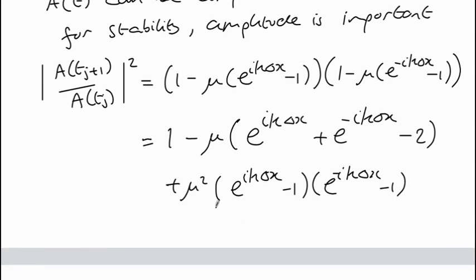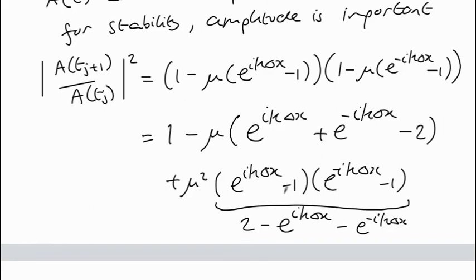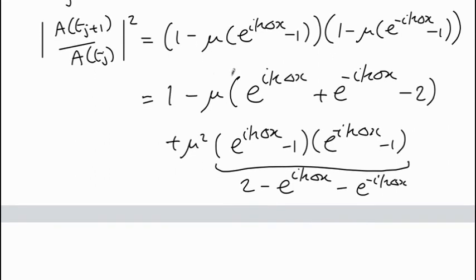And then this bracket here is essentially 2 minus 2 cos k delta x. So this is essentially the same as this bracket here with a minus sign. And so we can say that we have 1 plus mu squared times this, minus mu times this.